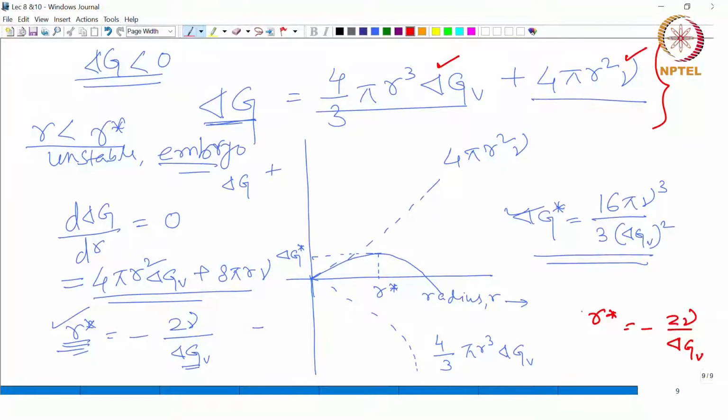And only when the size of the nucleus reaches this critical size R star, then it can become stable and grow further. Okay. So, in today's class we are going to see what the criteria for the growth of this nucleus is and how the solid ultimately grows.